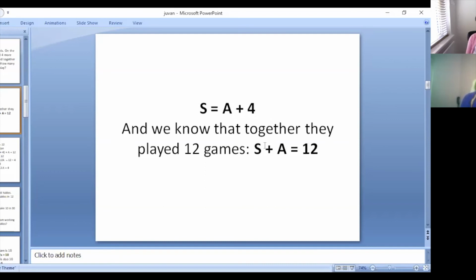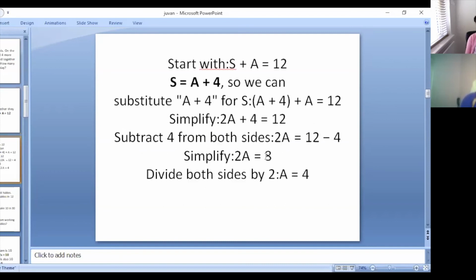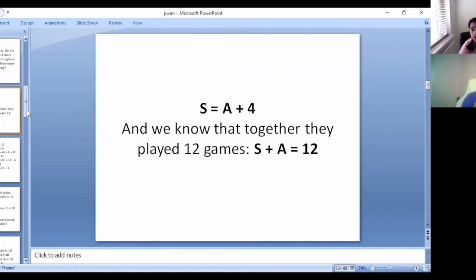Instead of S, we can write A plus 4. So you substitute that here: A plus 4 plus A. Then it becomes 2A plus 4 equals 12. Yeah, that's the substitution.